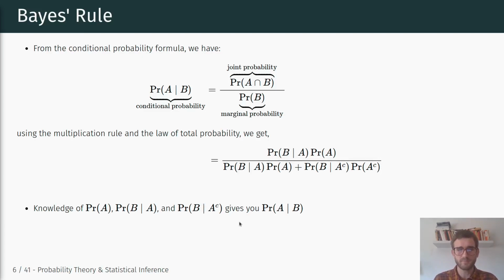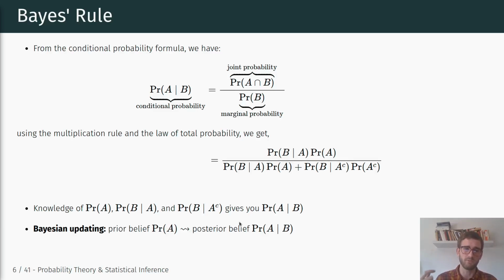So in other words, putting this back into this Bayesian perspective of prior beliefs and how we update our prior belief and form a posterior belief, we have our prior belief, the probability of A. We observe some additional data, which is the probability of B conditional on A. And based on that, we can compute our posterior belief, so the probability of A conditional on B. So after we have observed our data, okay?